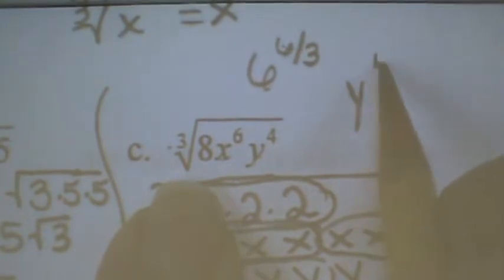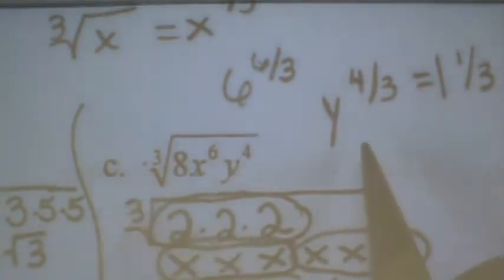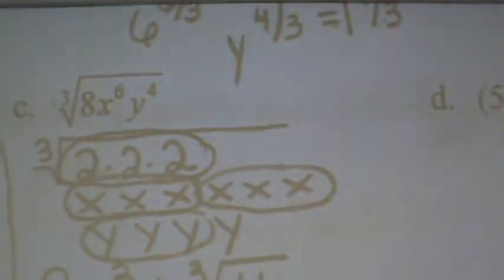And y to the 4/3 is 1 and 1/3. So y to the 1st power comes out, and the 1/3 stays underneath. So anything with a fraction stays, any whole number comes out. You could think of it that way.